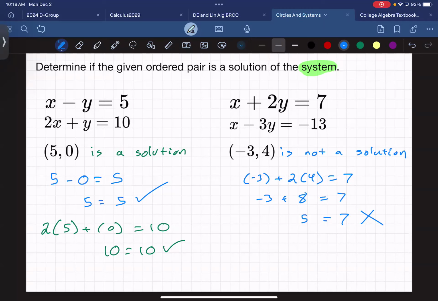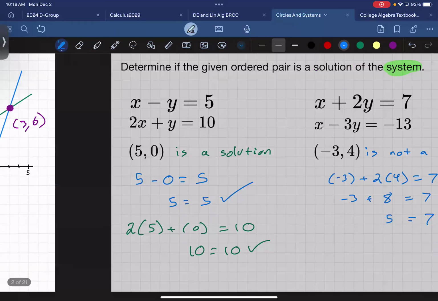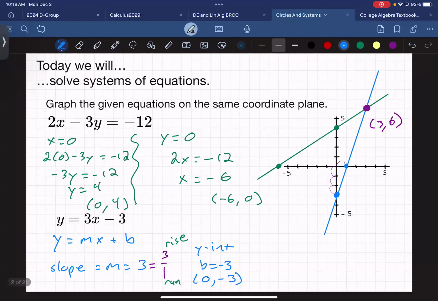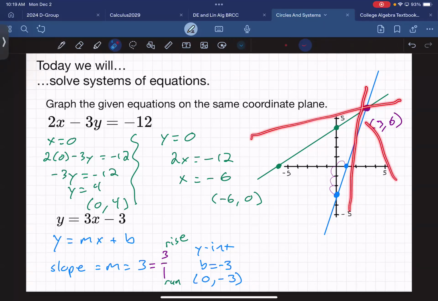Okay. We're good with that, though, as far as plugging in to check them. Now, with that said, how many solutions can we have if we know we're looking with lines? Is there any way I can draw another line on here that would create more than one solution between two lines?